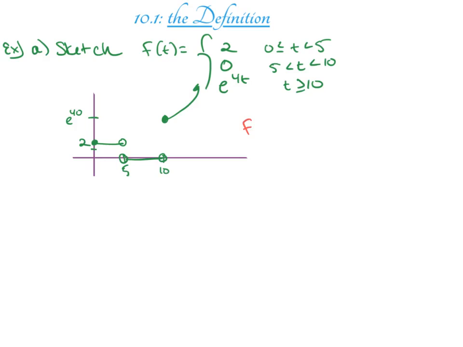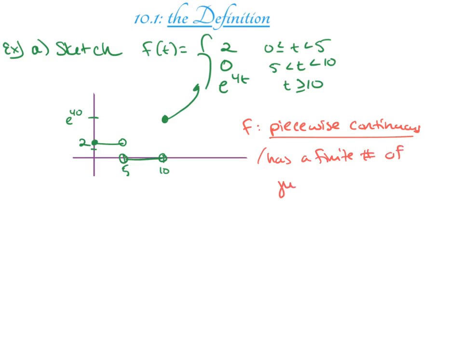So this f is what we call piecewise continuous, meaning it has a finite number of what we call jump discontinuities.